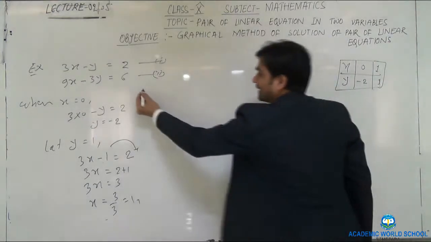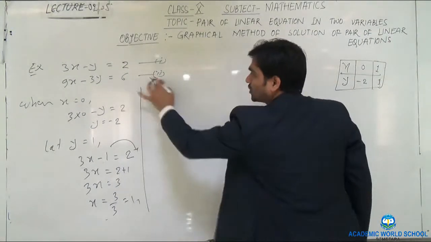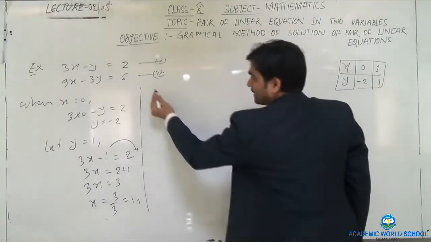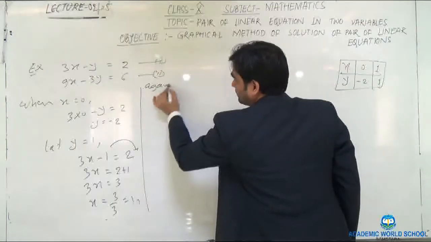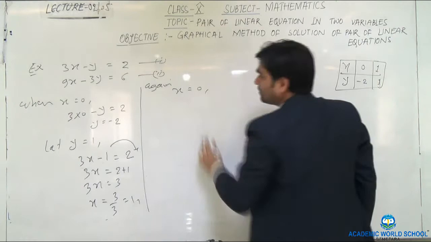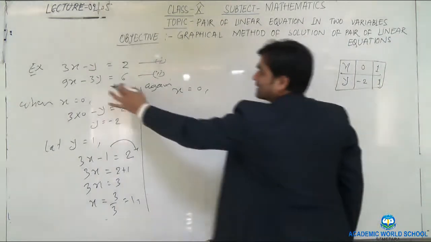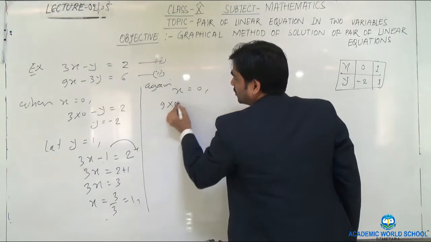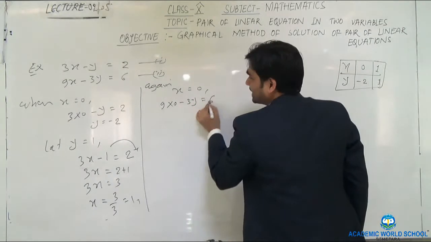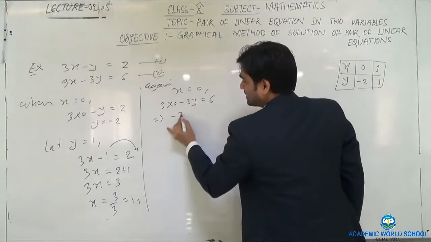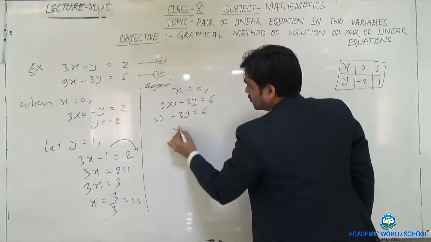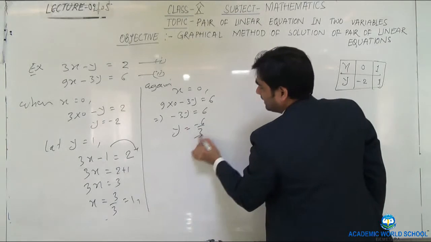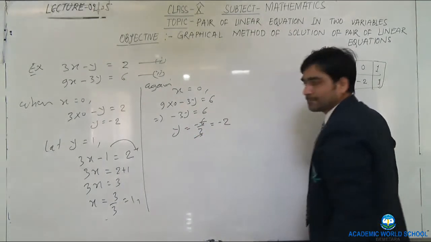Correct? Then we will find two solutions of question number two. Again let x equal 0. So 9 into 0 minus 3y equals 6. So minus 3y equals 6. So y equals minus 6 upon 3, which is minus 2.